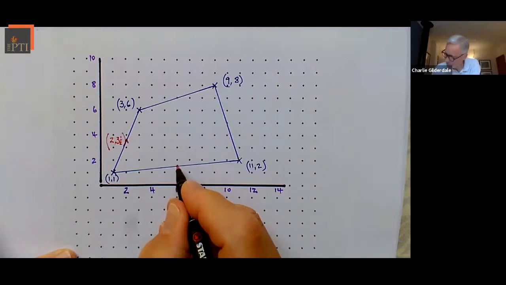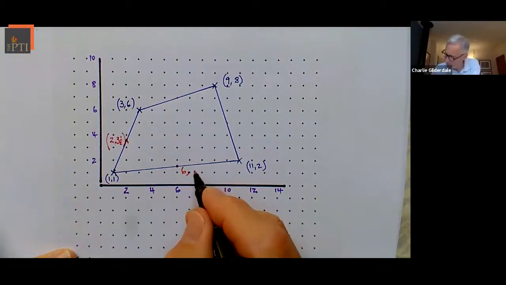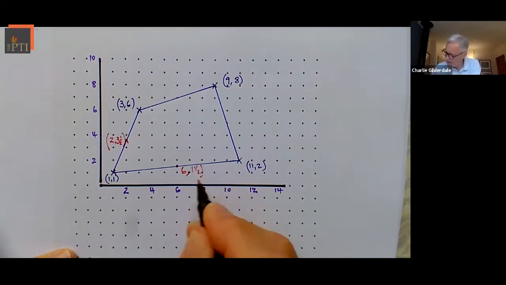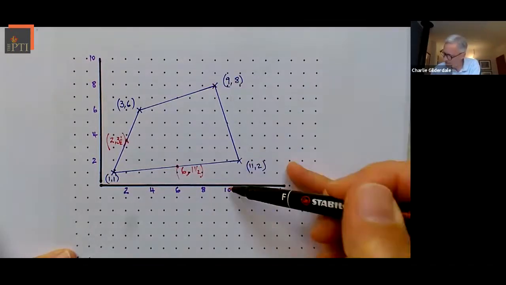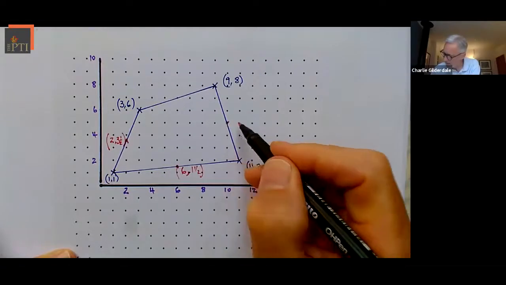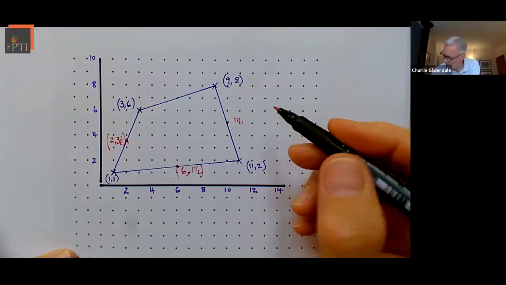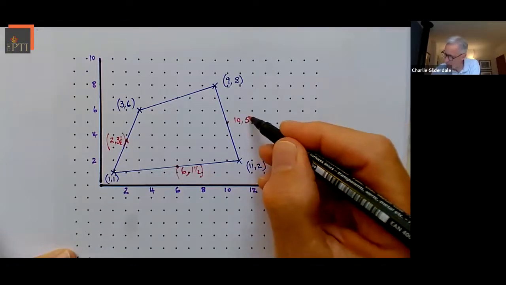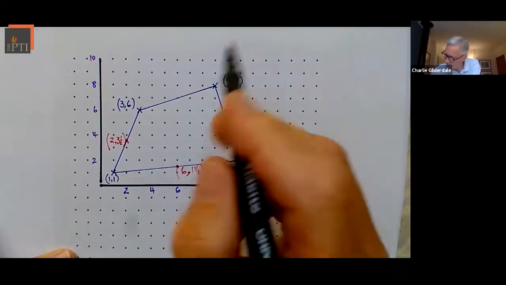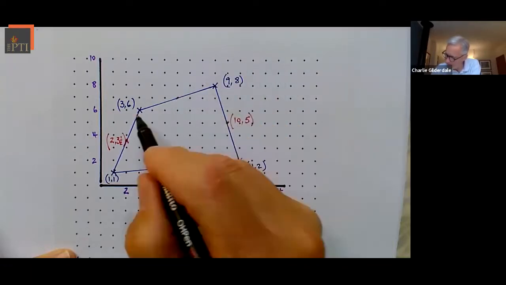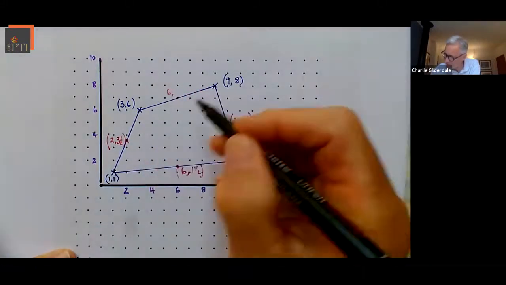So the coordinates will be 6 and 1.5. Here we've got 9 and 11, so the average is going to be 10. And the y coordinates are 2 and 8. The average of those is 5. And over here, 3 and 9 add up to 12, average is 6, 6 and 8, average is 7.